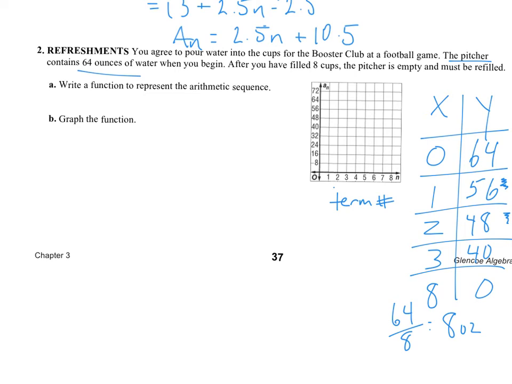So now we can do just about everything we need. One, let's go ahead and graph it right now. So 0 and 64, and it looks just like this. All right. Perfect. So there's letter B.